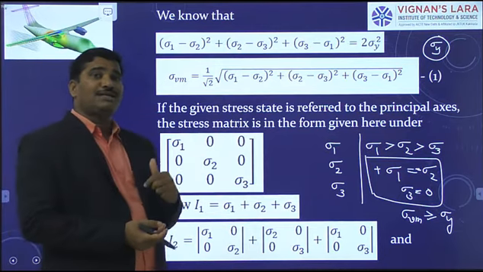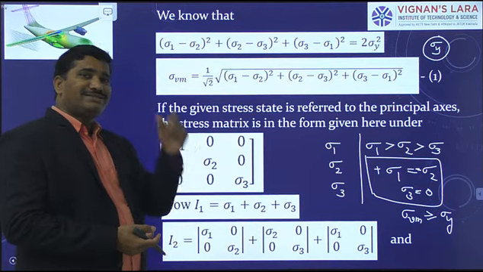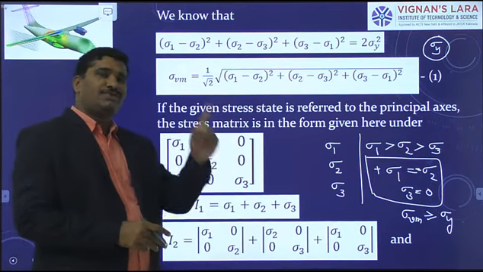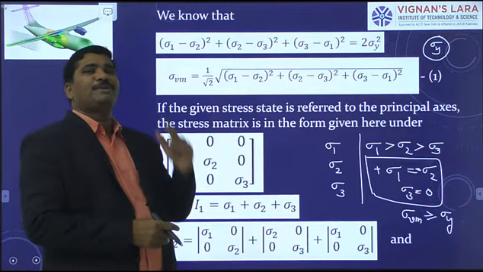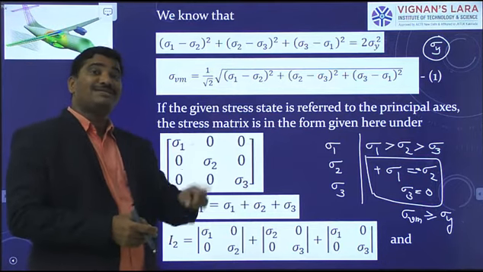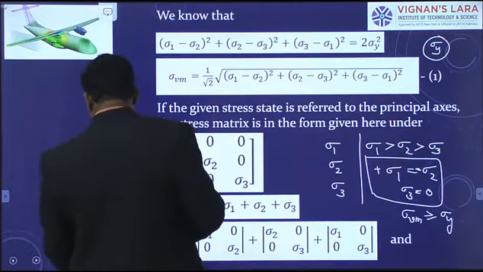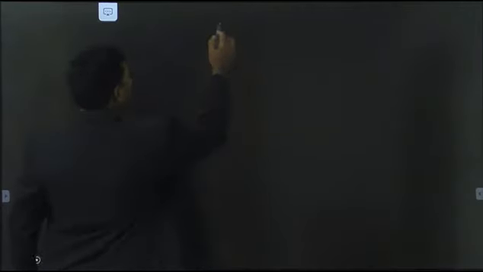You know how to represent the 6 independent stress components in matrix form. This we have discussed in one of the previous classes for the 3-dimensional state of stress. We represented the stress matrix like this.